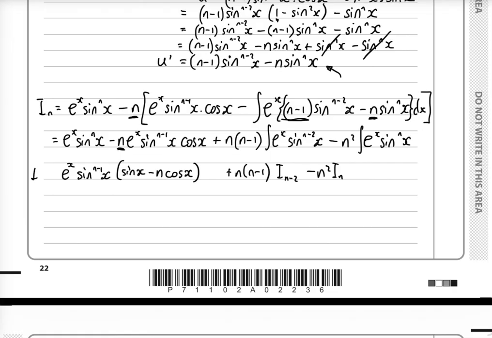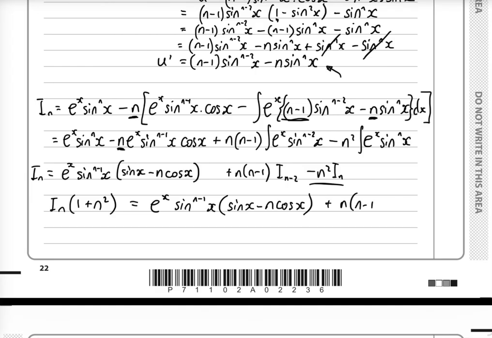And then all of this is still equal to I n, so we're going to bring this term onto the left. So we've got I n times 1 plus n squared when you factorize out I n, and all of that still equals e to the x sine to the n minus 1 x, sine x minus n cos x, plus n minus 1 lots of I n minus 2.